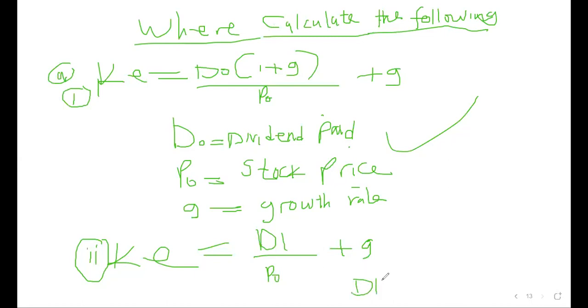D1 is equal to the expected dividend to be paid. G is the growth rate.